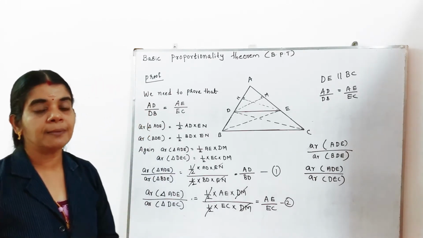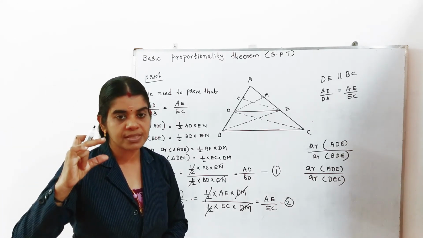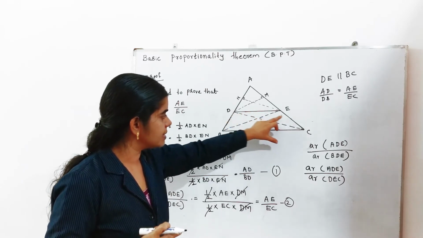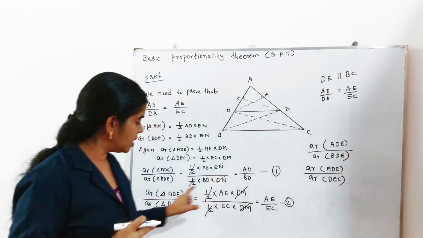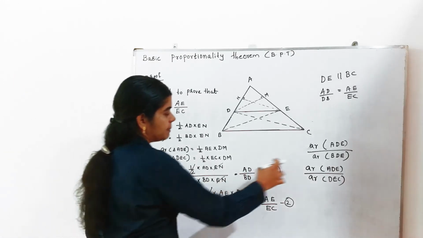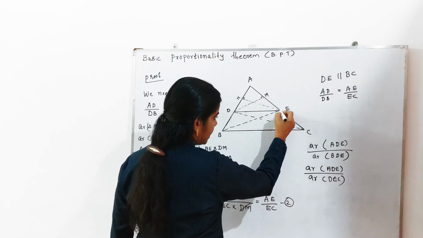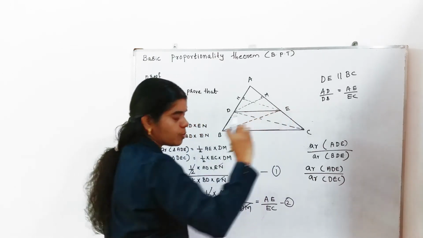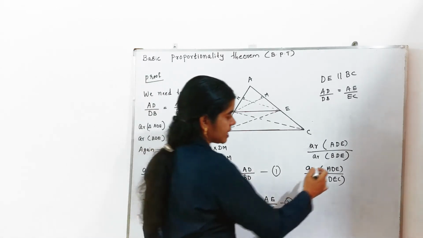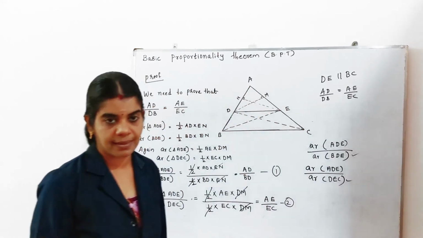That we studied in the 9th standard: two triangles having the same base and between the same parallels. These two triangles are between these two parallels, that is DE and BC. So we can say that area of BDE is the same as area of DEC.